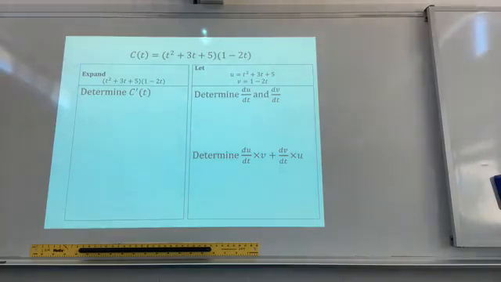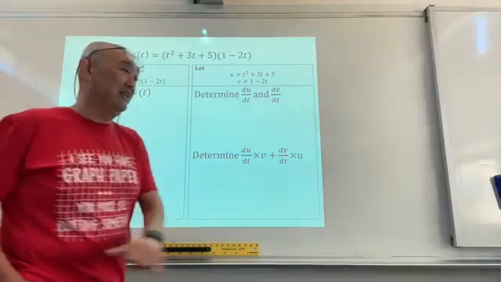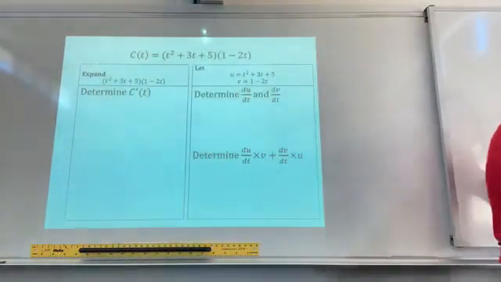Because looking at that straight away, you know du/dt is 2t plus 3 using your power rule. And dv/dt is just minus 2. So can you quickly determine the next one? Since you've got the idea now, you've got what du/dt and dv/dt are, before I go to the next slide.